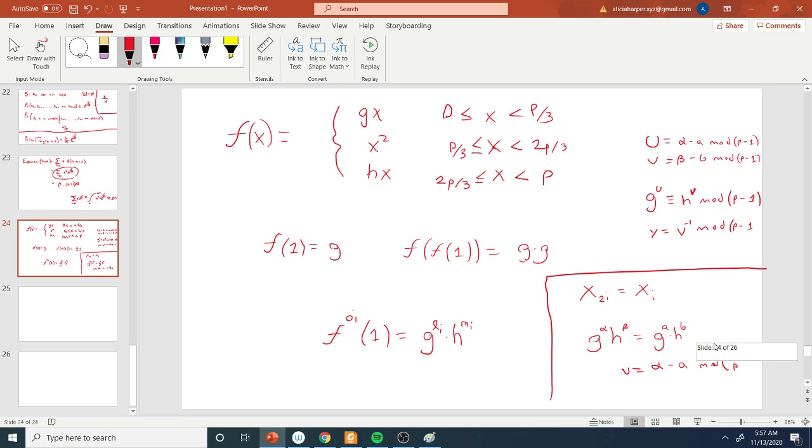And then if you raise both sides to y, you get g to the u y is congruent to h to the v times v inverse, which is actually just going to be congruent to h to the 1 mod p, which means u times y then solves the discrete log problem. And all you have to do in executing this is basically just keep track of the exponents at every stage.